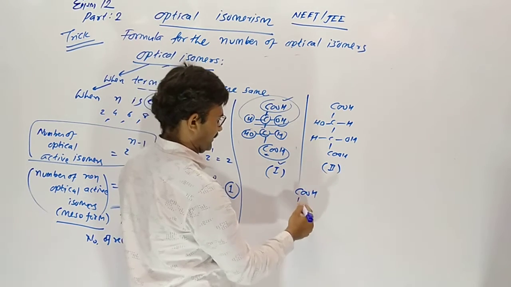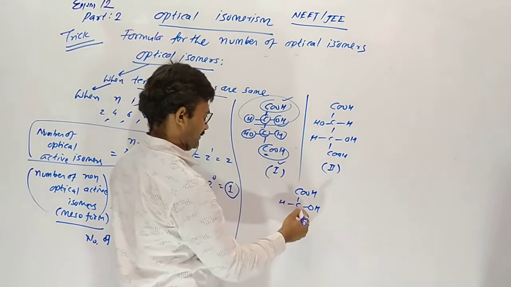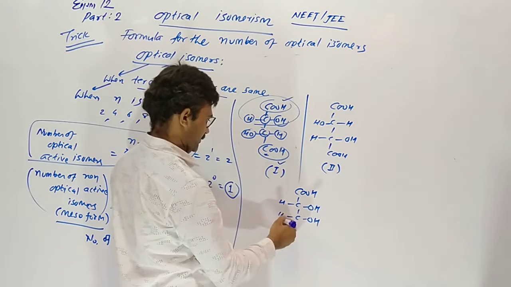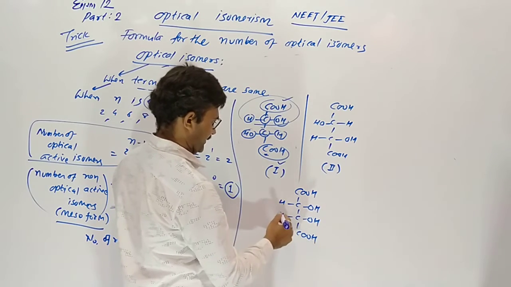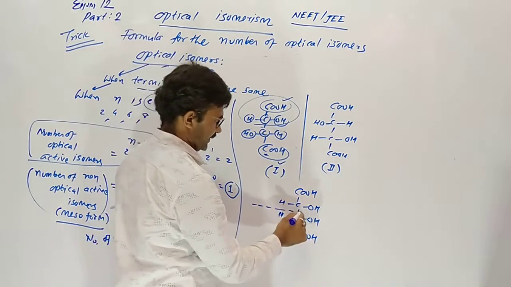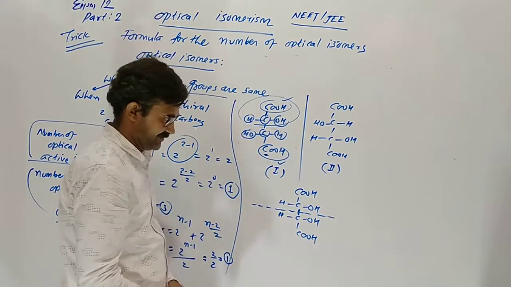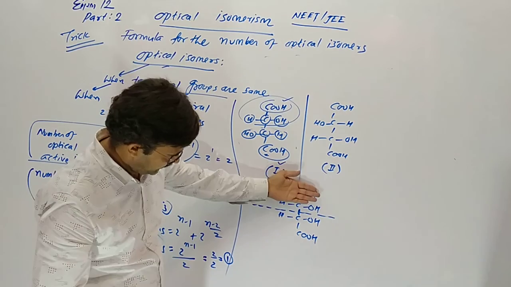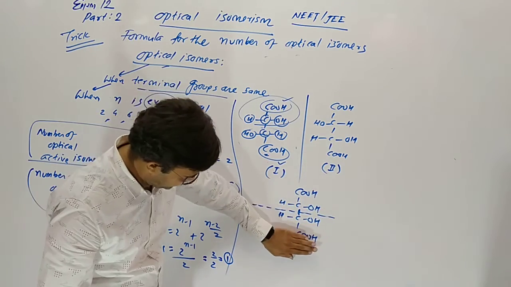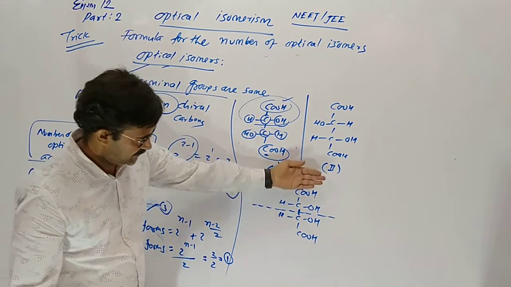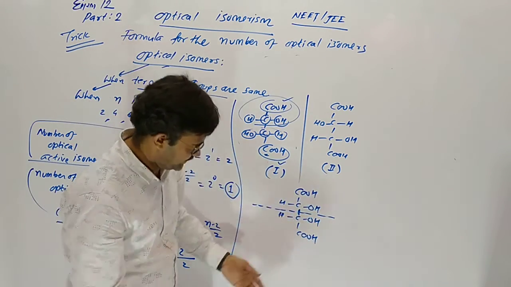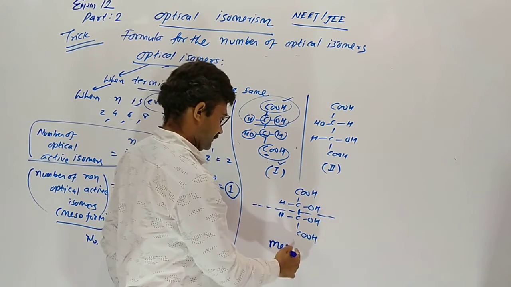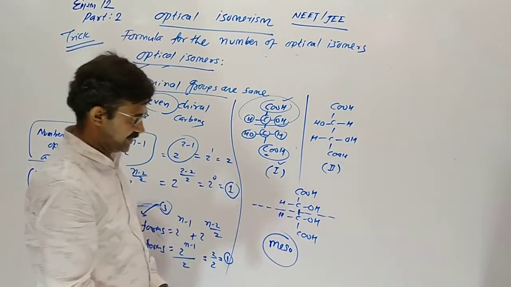And the third one is like this. Both OH groups are on the same side. So there is a symmetric plane. You can see the upper part is a mirror image of the other half. This one is meso. Meso has no mirror image.